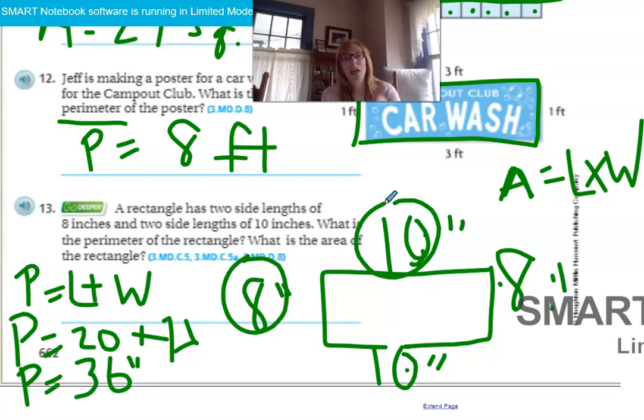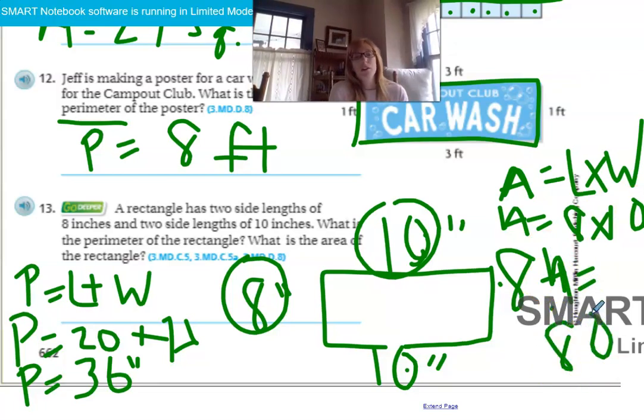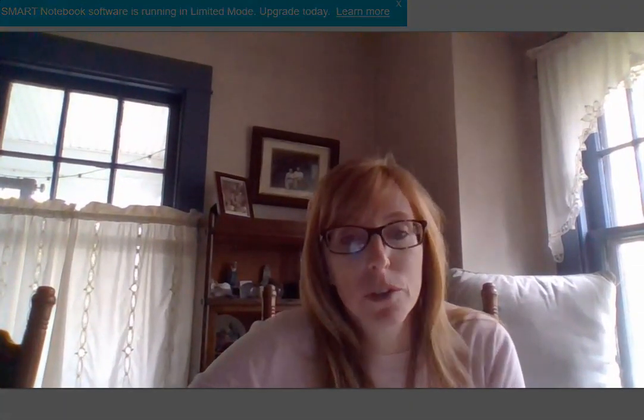So it'd be 10 groups of 8 or 8 groups of 10. So my area equals 8 times 10. So my area equals, and you are correct, it would be 80 square feet.